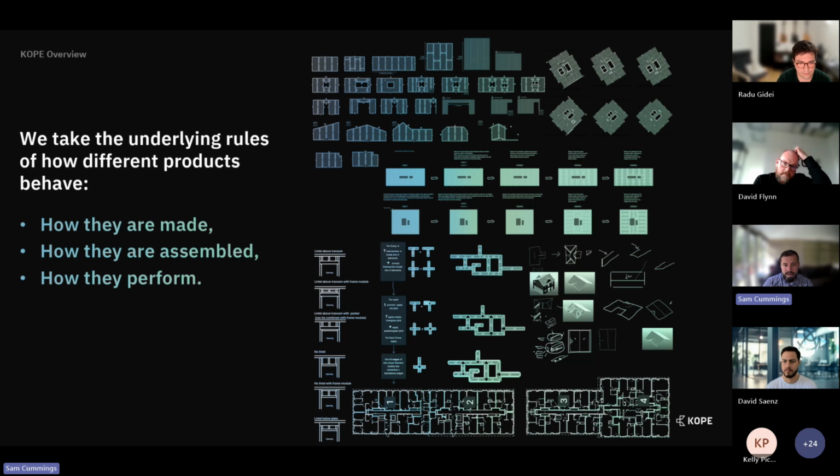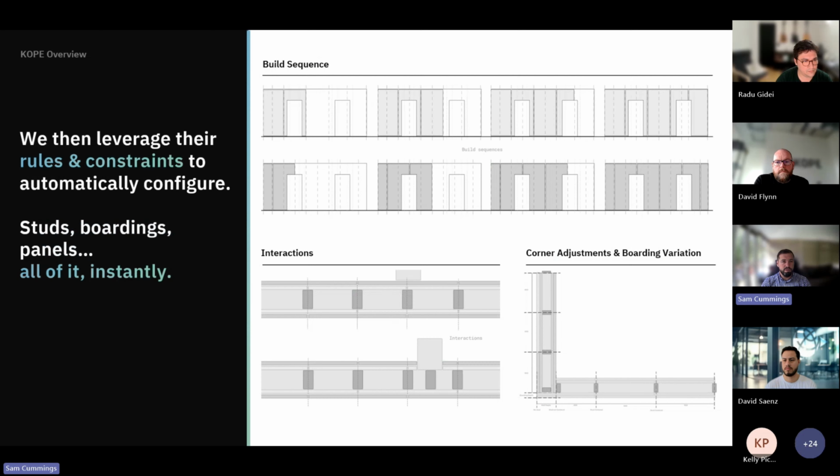And that really then allows us to take all of this information and all of the behaviors and the logic that are available inside these products to then start to build rules and constraints and ultimately codify them so that they can be applied completely automatically by someone that doesn't necessarily need to know how that system goes together. They can trust KOPE that it will go in as the manufacturer intended.